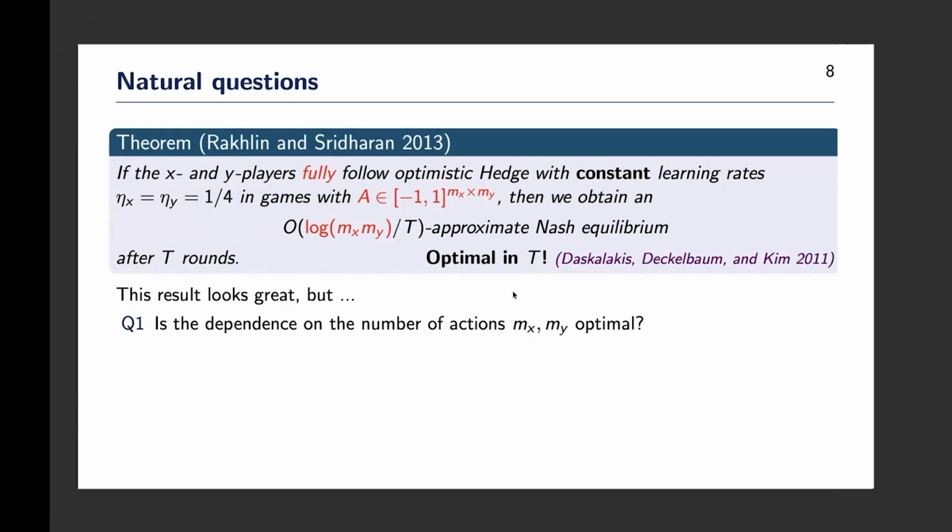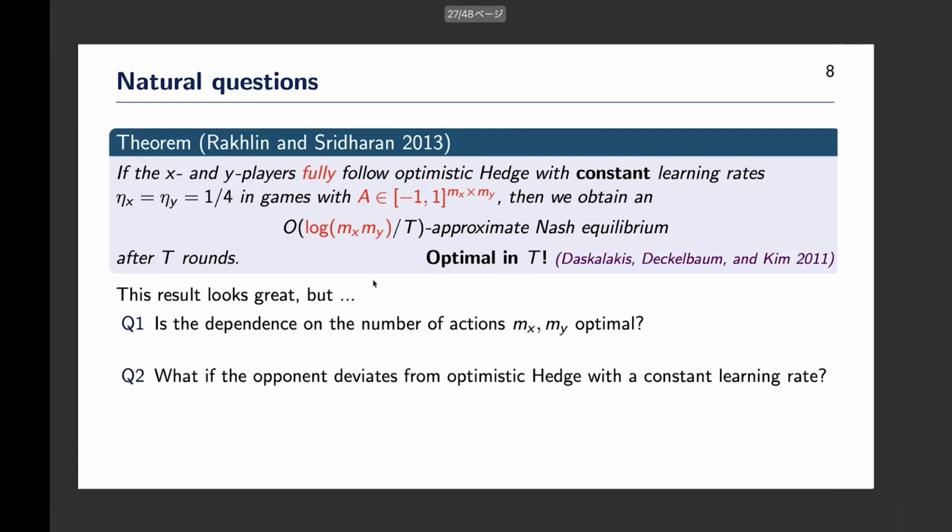So this looks very good, but this raises 3 natural questions. The first question is, is the dependence on the number of actions m_x and m_y optimal? We have log m_x and log m_y here, but is this dependence optimal? And the second question is, what if the opponent deviates from the given algorithm, optimistic hedge?